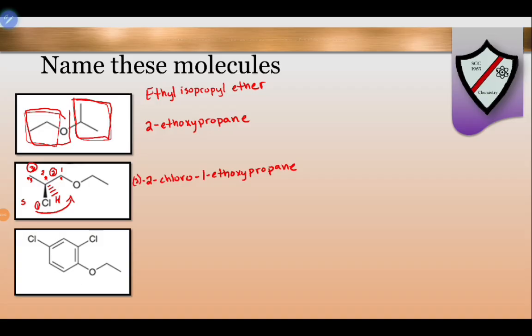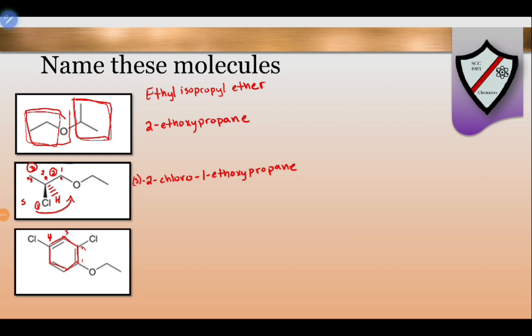So now we will move down to the last molecule we have down here, and we see that the parent chain in this molecule is just going to be the benzene ring. So this is going to be a substituted benzene naming structure. To get the lowest locants, we could put this as 1, 2, and 4.